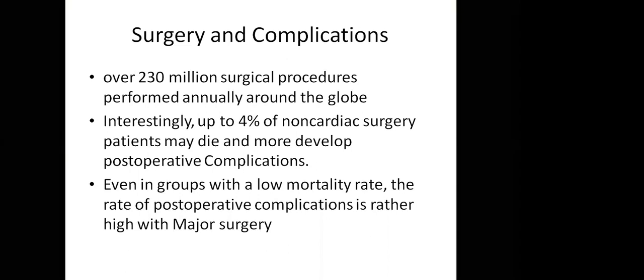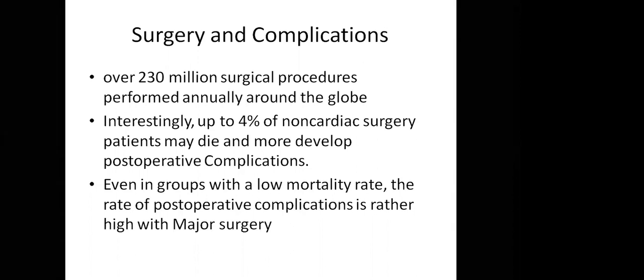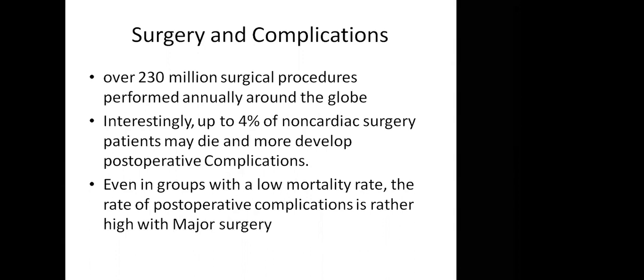And among these, 4% of non-cardiac patients die, and many more develop complications. Even in younger age groups or healthy groups, major surgery leads to many post-operative complications. Hence, there is importance of perioperative care.